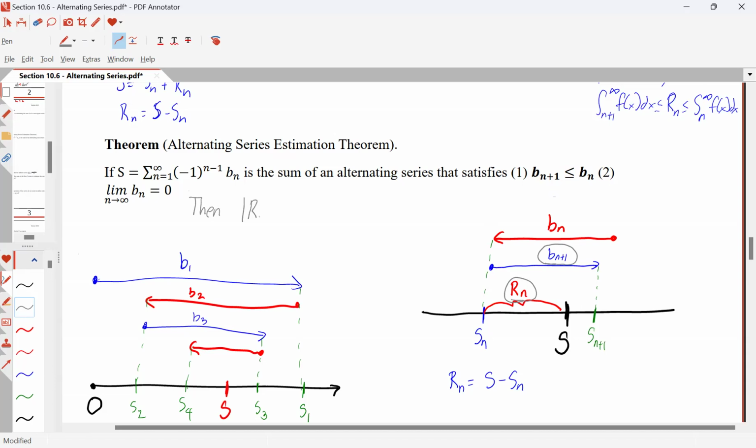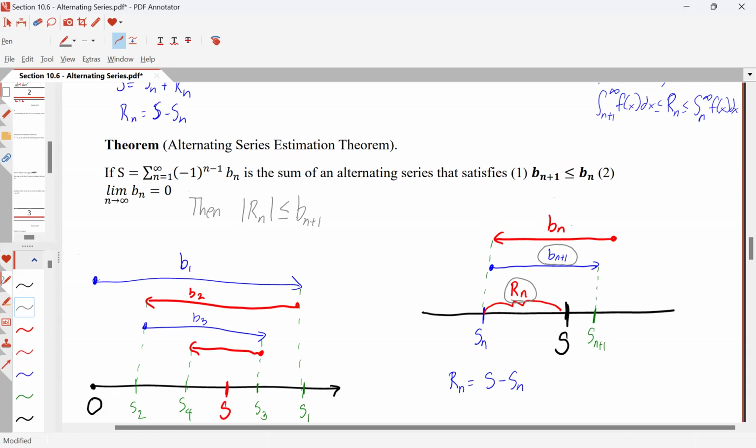Then the absolute value of our remainder is going to be less than or equal to the next term in the sequence b sub n. So our alternating series estimation theorem, very short and sweet: suppose we have a series that meets the alternating series test. Then the remainder is less than or equal to the next term.